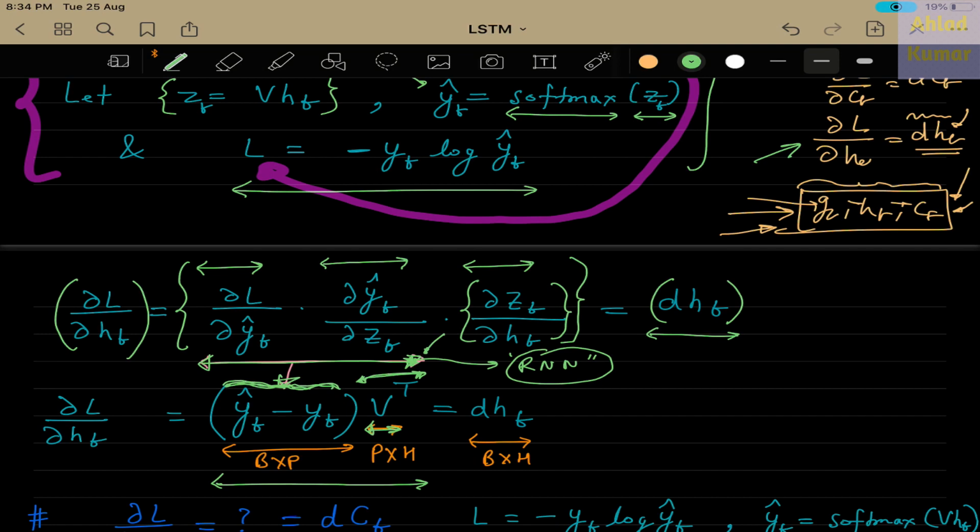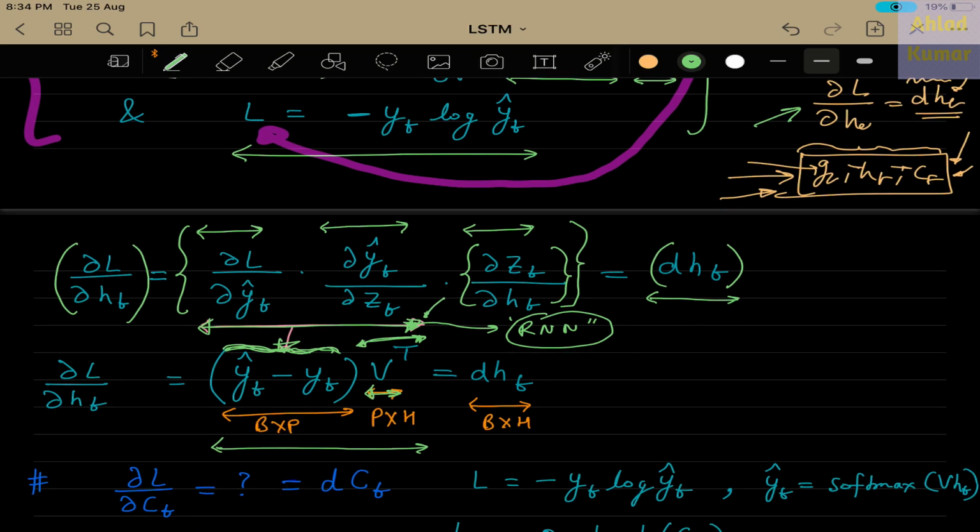The important part is that we know from our earlier lecture that the dimension of the HT matrix is B cross H, so the dimension of DHT has to be B cross H. To check the validity of this result, we write the dimensions of the matrices individually.